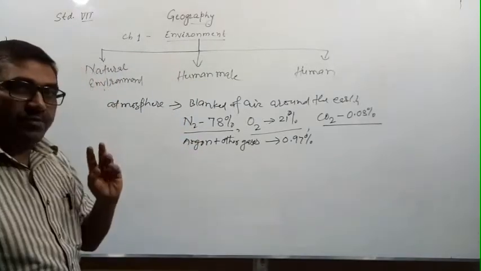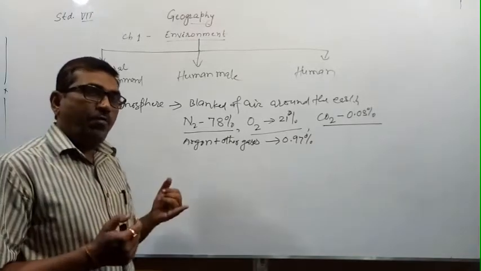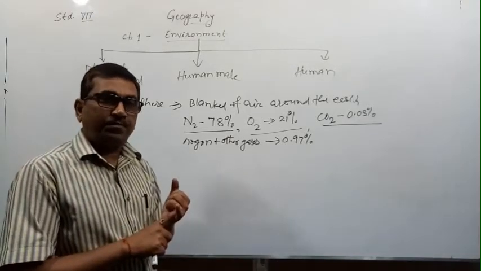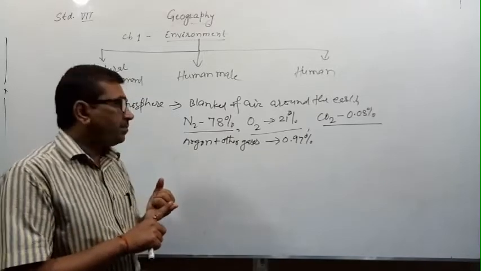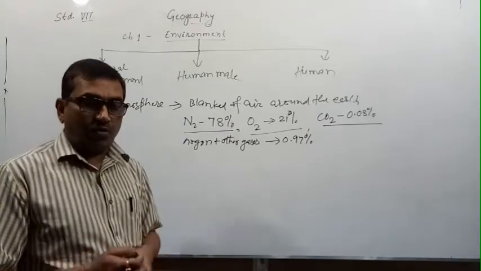So three components we have got of the abiotic environment: lithosphere we have got, hydrosphere we have got, atmosphere we have got.